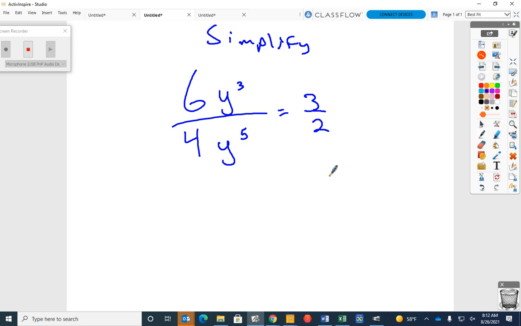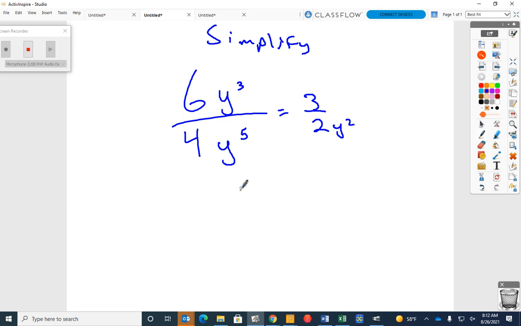Now, what else? What do I have now? I have y to the third and y to the fifth. Jane? They subtract, so y to the fifth would become y to the second. So where's that y to the second going to go? Probably on the bottom. Okay, how many of you guys think this is the answer? Let's just see.